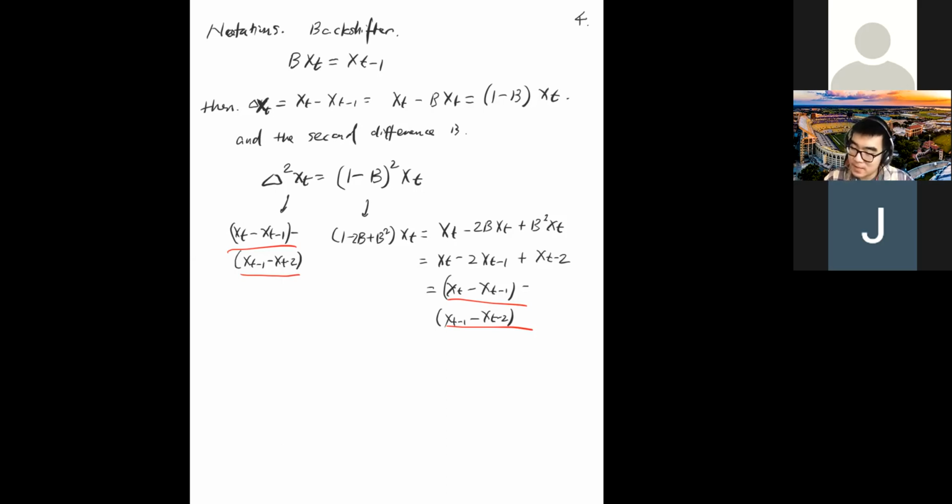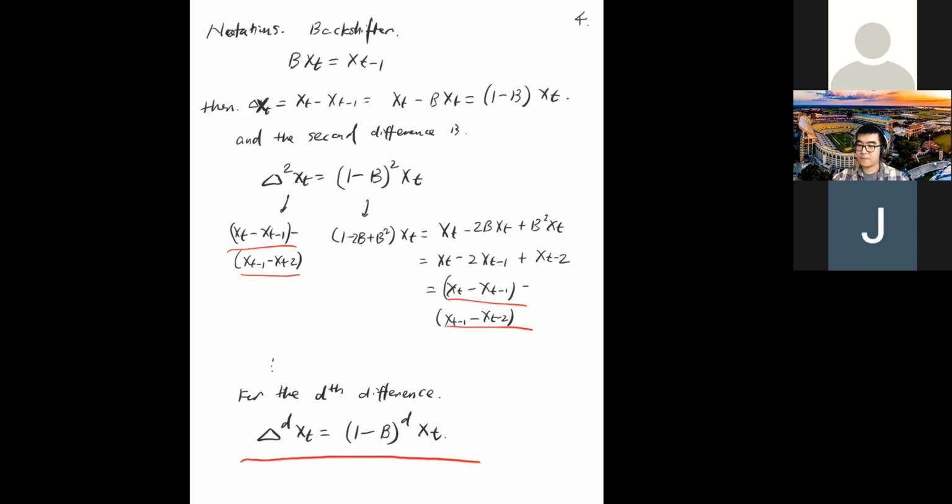And for these differencing operations, we denote delta to the power d xt as equal to 1 minus B to the power d xt. So that's the d-th difference.